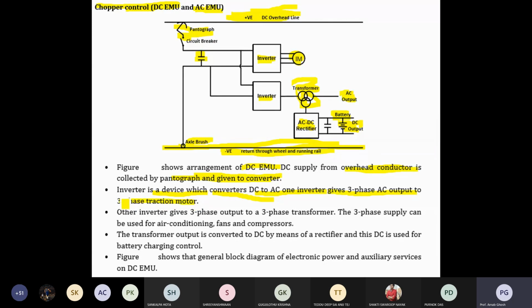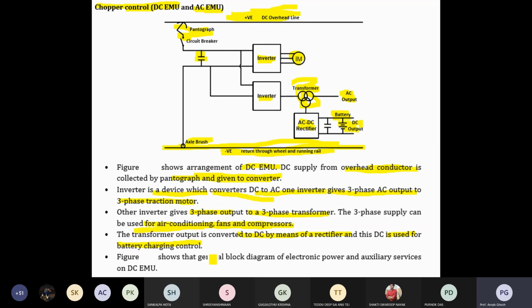I think you are able to understand what they are telling. The other inverter gives the three-phase output to the three-phase transformer. The three-phase supply is used for the air conditioning, fan, and compressor of the locomotive. The transformer output is converted to DC by means of a rectifier bank. This DC is used for the battery charging control, so we are also using a battery charger.